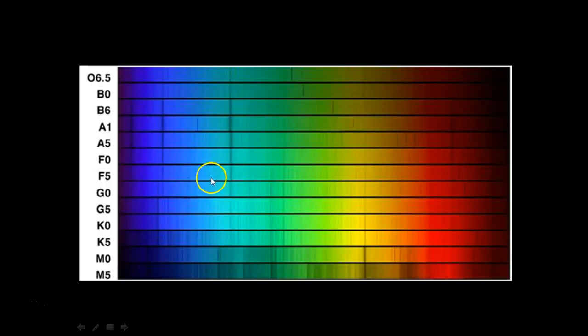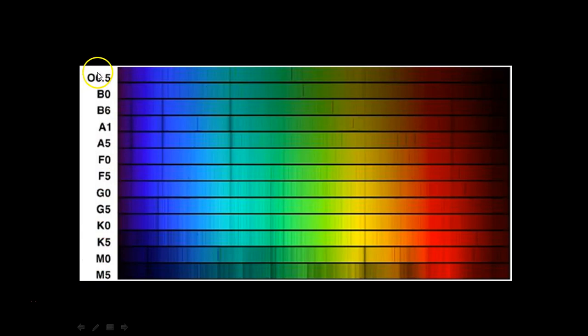So this then is our system of classification that's accepted worldwide these days, where we have O, that is the hottest star. All of these are based on temperature. The temperature affects the spectrum that is produced, and the temperature was also a result of the age of the star.